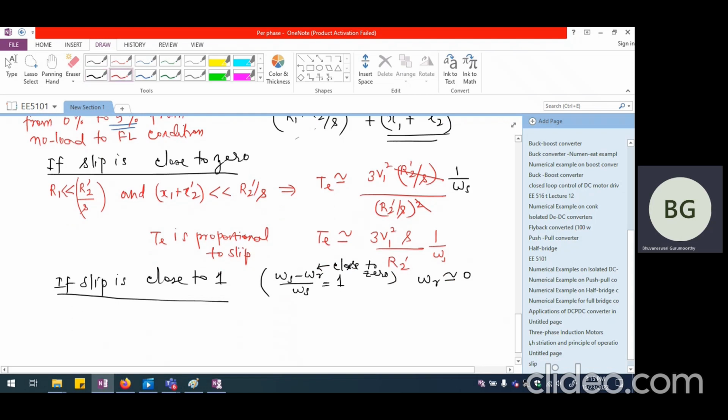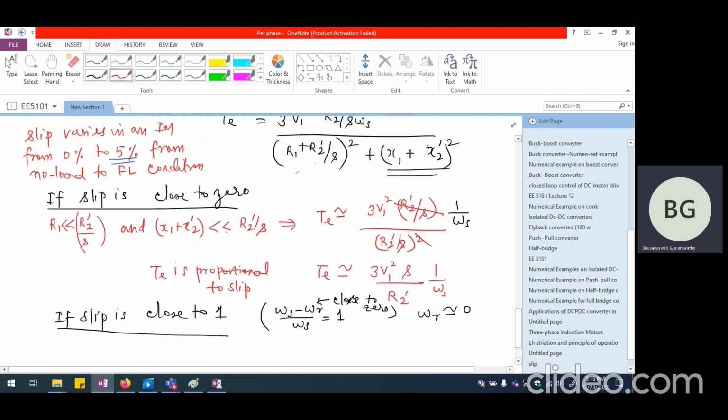So in this expression, R1 plus R2 dash by S is going to be much smaller than X1 plus X2 dash, because of which I would actually neglect this completely.